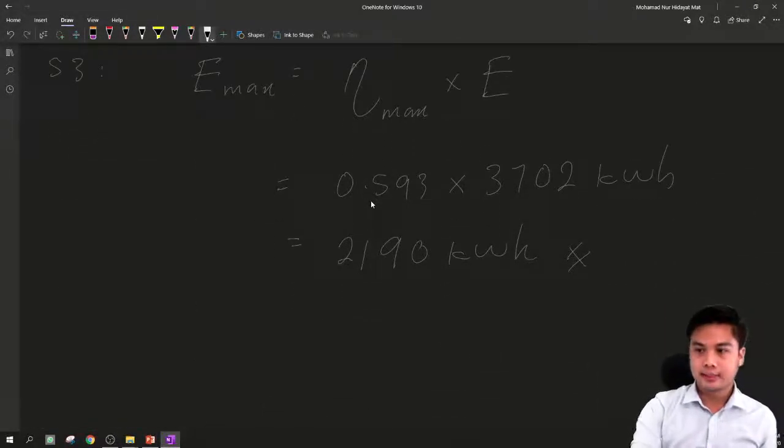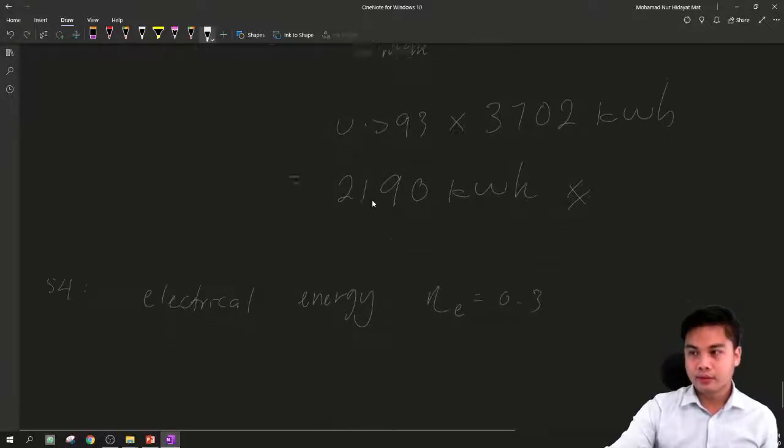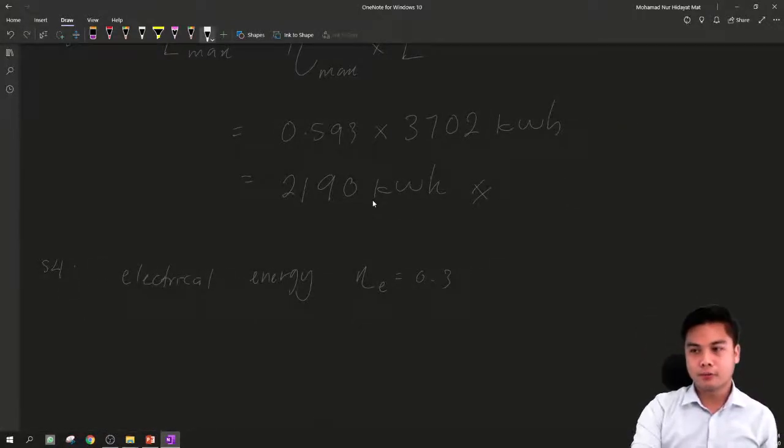Again, step number 4 is the electrical energy. The efficiency given here is 0.3. To get the energy generated from that duration of time, E subscript E, the efficiency of electrical multiplied with E max.